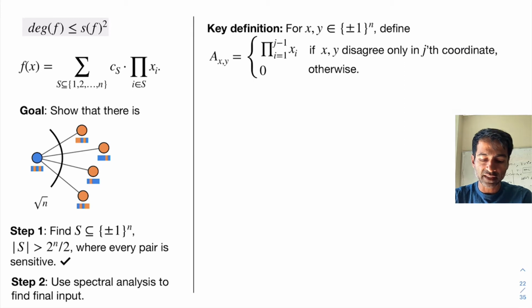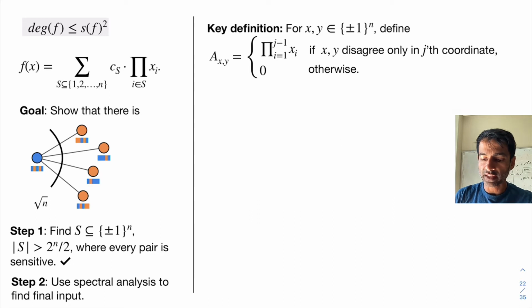Consider the matrix A, where every row of A corresponds to an input from the cube, and every column also corresponds to an input from the cube. The entries of A are either plus 1, minus 1, or 0, and they're given by this formula. The xyth entry is 0 if x and y are not adjacent in the hypercube.